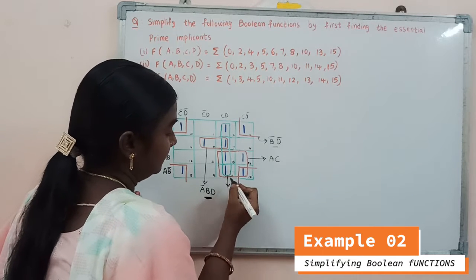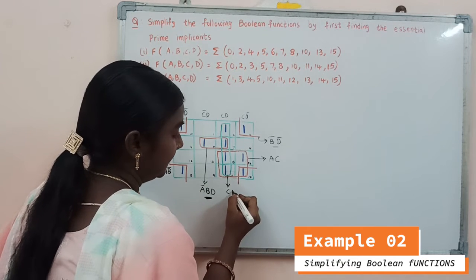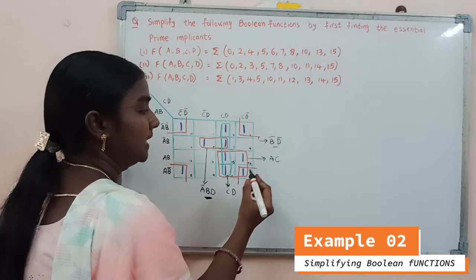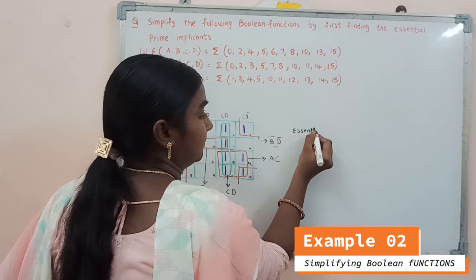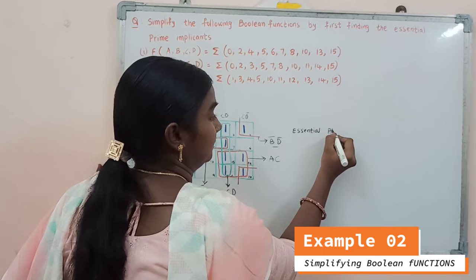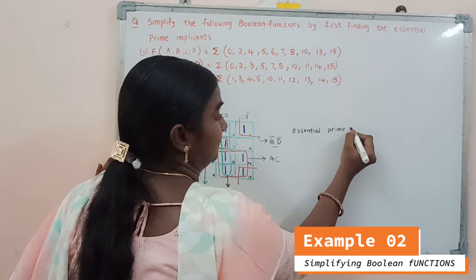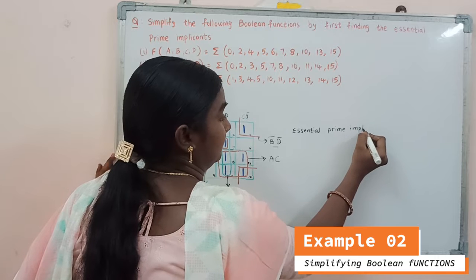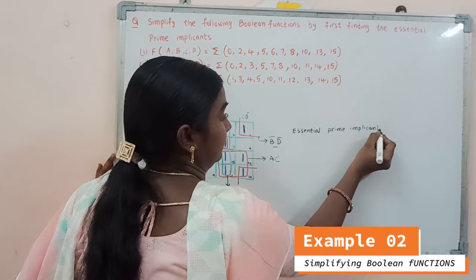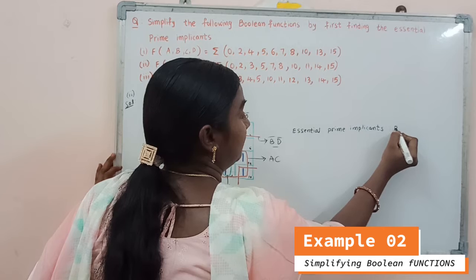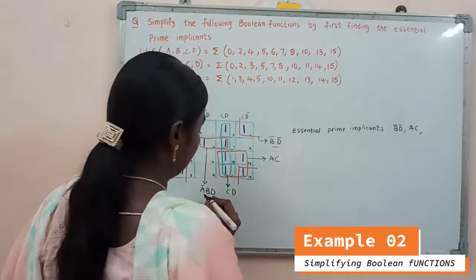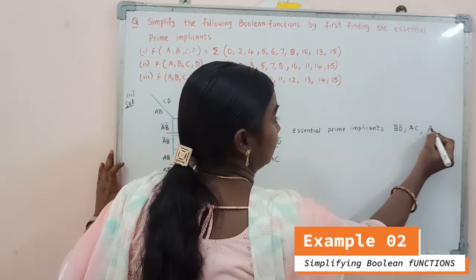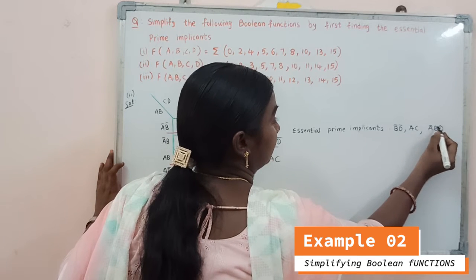For this one, the prime implicant will be CD. So here the essential prime implicants are B bar D bar, AC and A bar BD.